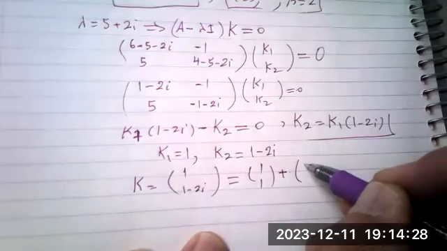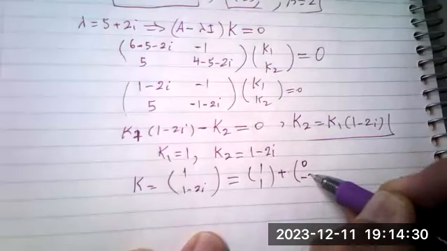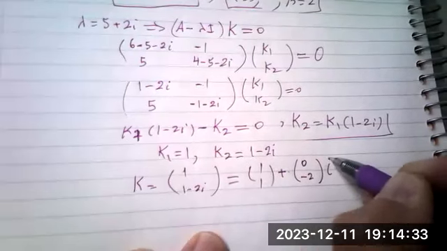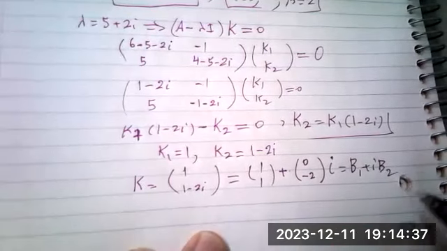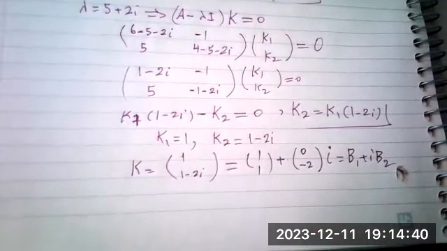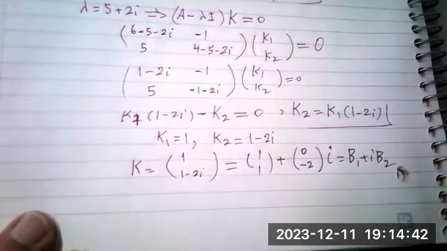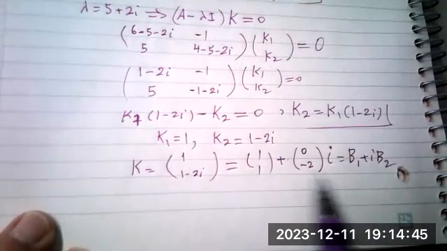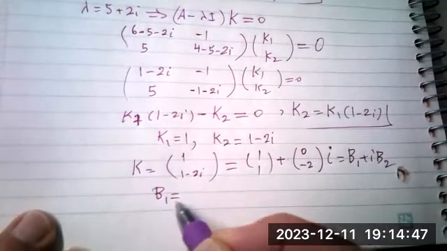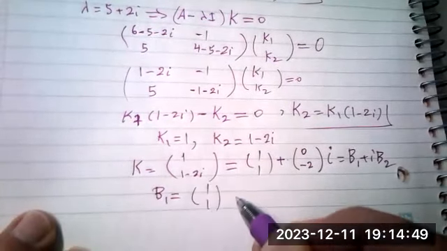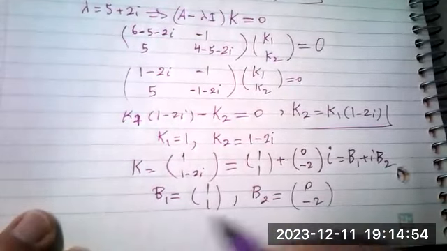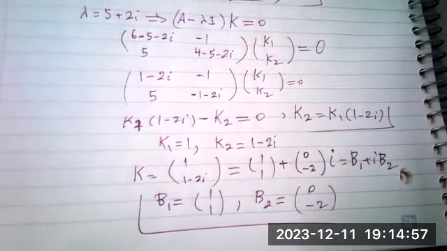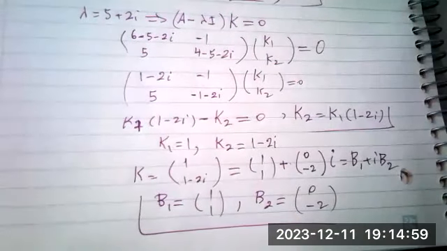The imaginary part of the first one is 0, and the second one negative 2, times i. So this is the one we call B1 plus iB2. Remember the real part and imaginary part, then we'll be able to write the solution of the problem. So there you are. B1, the real part, is [1, 1], and B2, the imaginary part, is going to be [0, -2]. So we are ready to give you the solution in complex form.